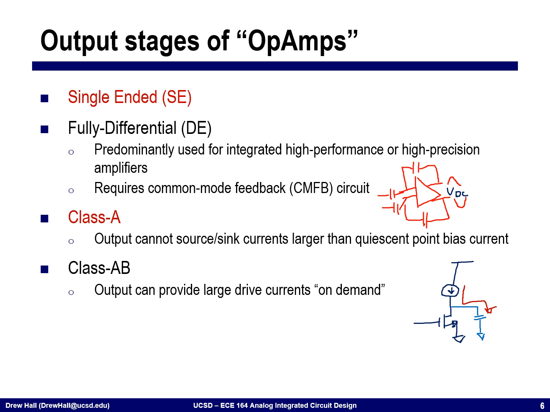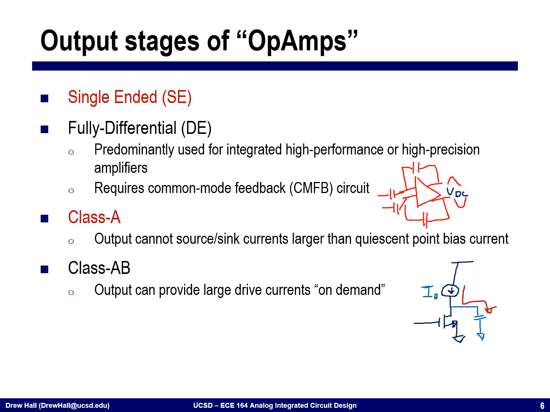You could also think of flipping this entire structure upside down, and again, you would find that the maximum current that I could sink would be this bias current. This is in contrast to Class AB output stages. Class AB output stages allow you to have output currents that go above this quiescent current, which I'll call IQ.